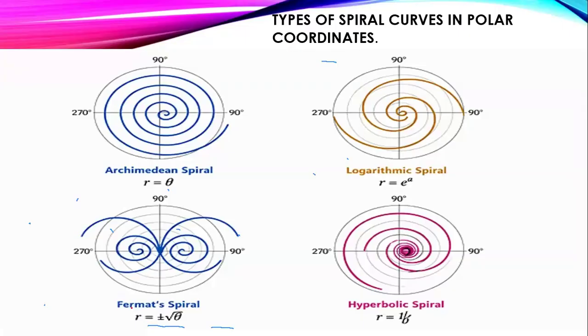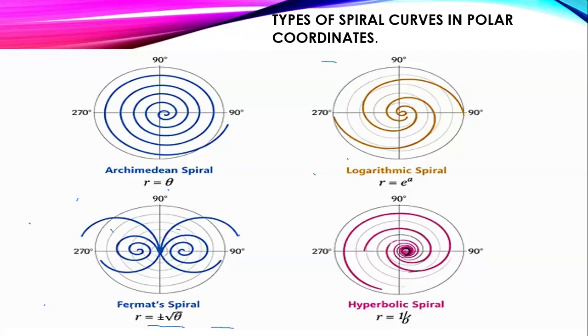Now, there are different types of spiral curves in polar coordinates. We have the first one, Archimedean spiral. The second one, the logarithmic spiral. The third, the Fermat spiral. And the fourth, the hyperbolic spiral. And with the first one, Archimedean spiral, r is equal to θ.